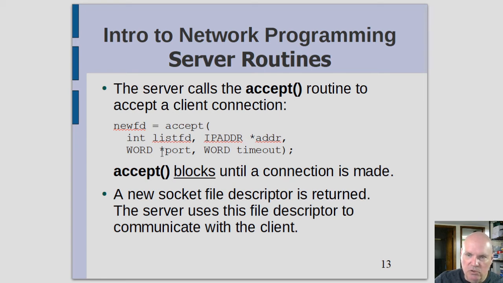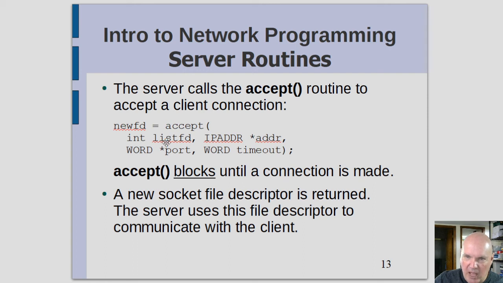Typically, you can just use null here. You don't really care about what those IP addresses are. You really just want this file descriptor. That's how you're going to communicate with the client. But if you want that information, it is available. You can get that and print that out.